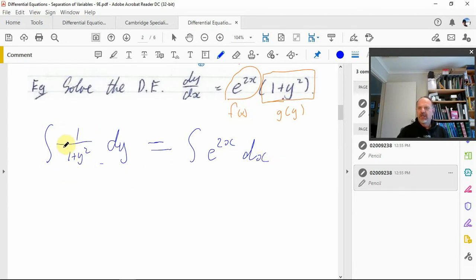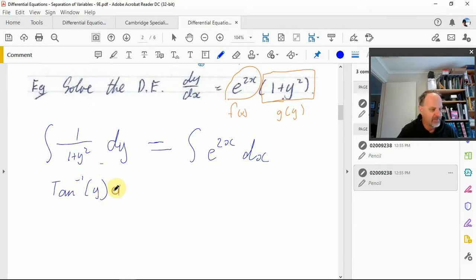Alright, so if you've got your formula sheet that VCAA gives you handy, and you look in here, this one looks like, and in fact is, the inverse circular function tan. So that one's tan minus 1 of y.